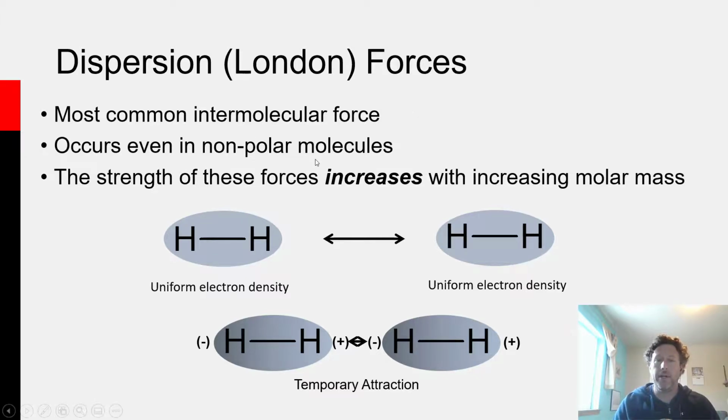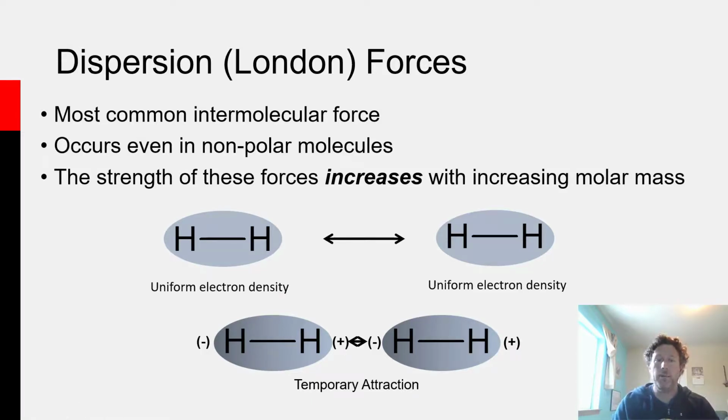So another way of saying that is we would expect on paper something like dihydrogen to have perfectly uniform electron density because there's no bond dipole. And as a result, two hydrogen molecules, H2 and H2, should repel each other because they're kind of perfectly coated with electrons. Those like charges should repel.